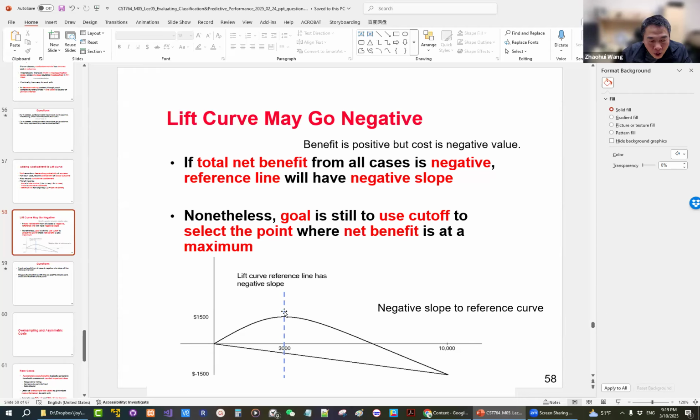We will send out offers to the cases before this vertical dashed line, so we can realize the highest benefits. So this is the lift chart usage. And from the lift chart, we can determine where to apply the cut value for the highest benefits.